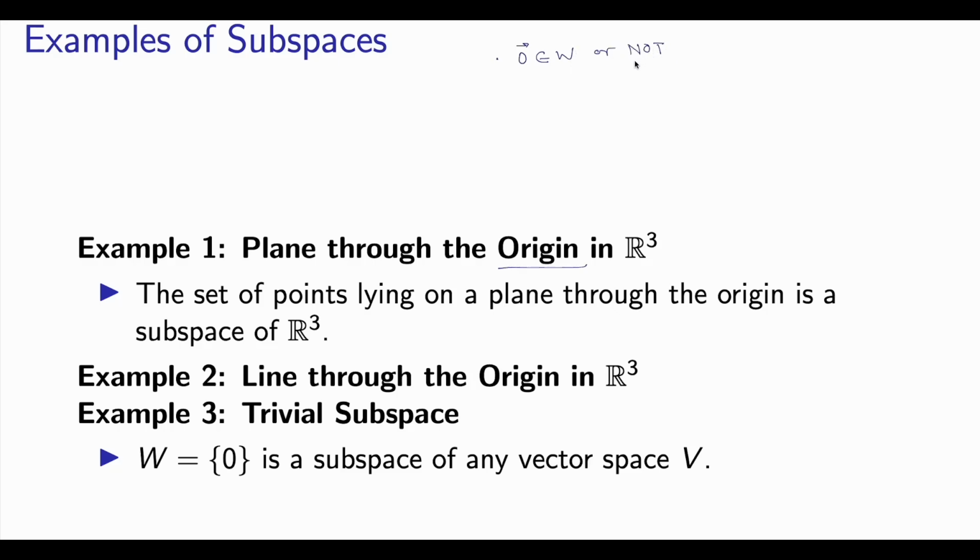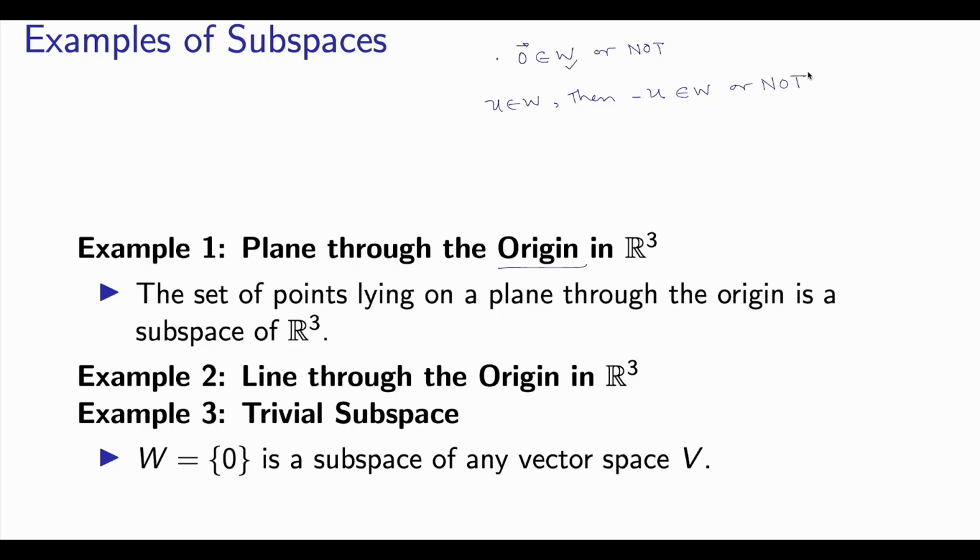If zero belongs to W, then you can check the further properties. If zero does not belong to W, then you clearly declare that the given set is not a subspace, right? And also if any u belongs to W, then you have to see whether minus u belongs to W or not.